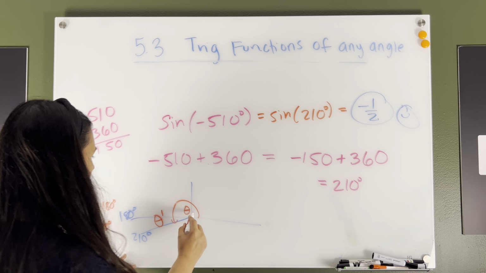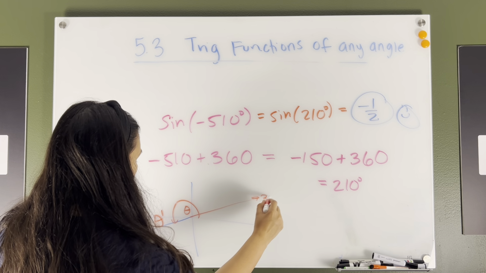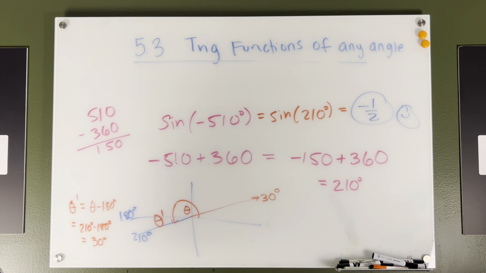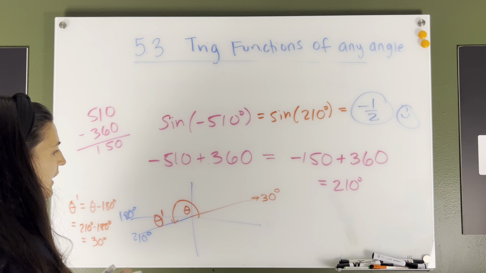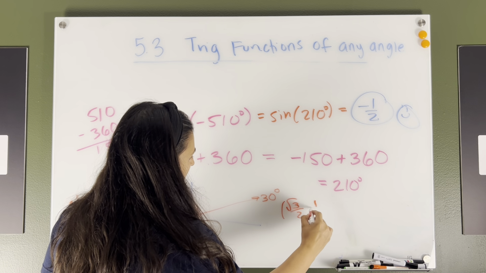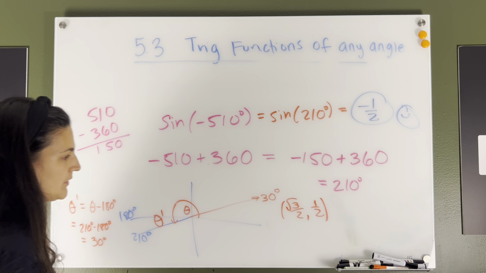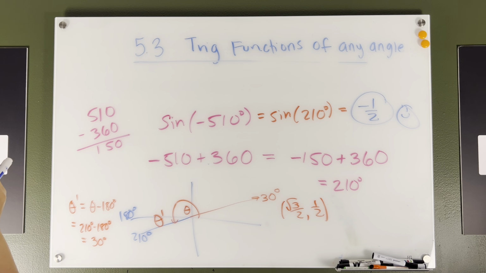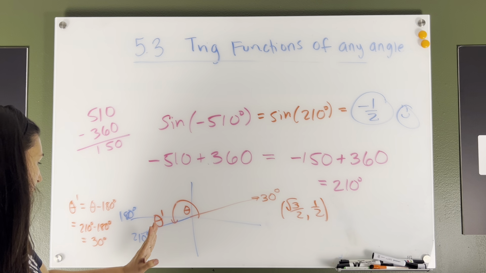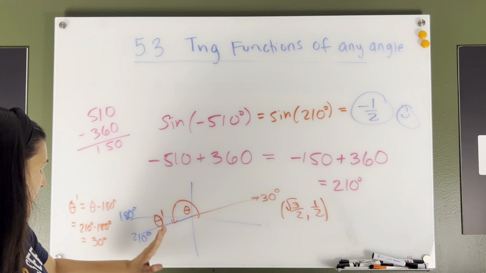Okay, so this is going to be the same as 30 degrees, which we spoke about in class as well, section 5.1. And 30 degrees is not hard to know. The x value is the square root of 3 over 2, y value is 1/2. But again, double check in the third quadrant, what would be the y value?